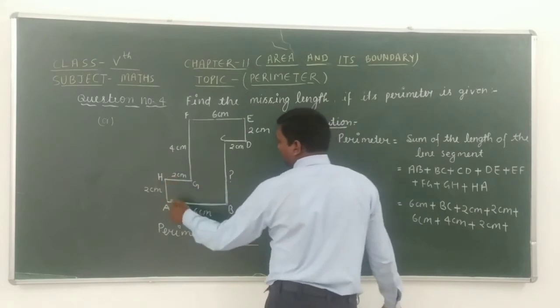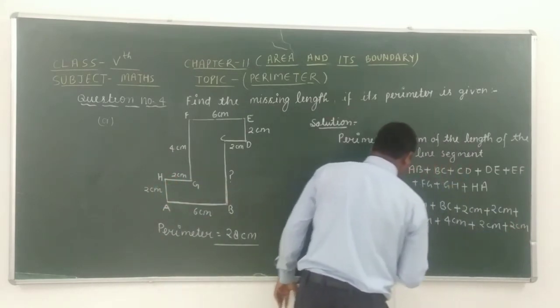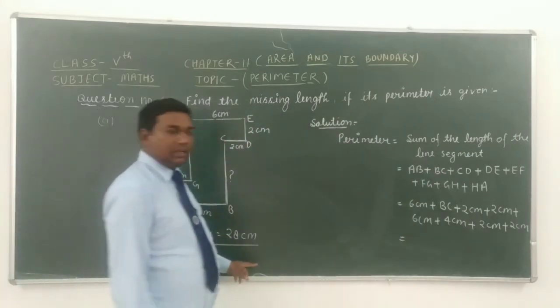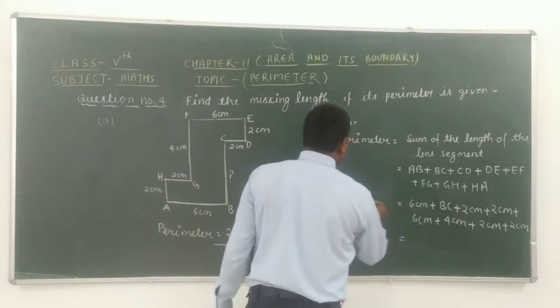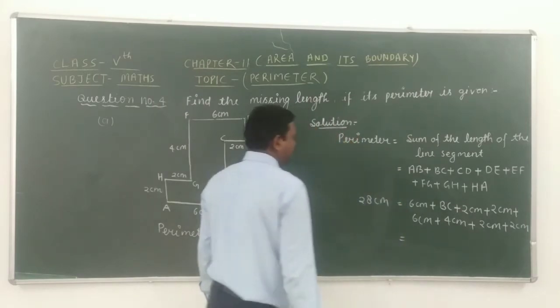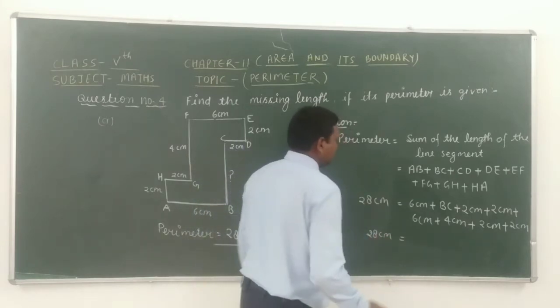The length of HA is 2 centimeter. And here given that the perimeter is equal to 28 centimeter, then we can write 28 centimeter in place of perimeter. Then 28 centimeter is equal to this sum.